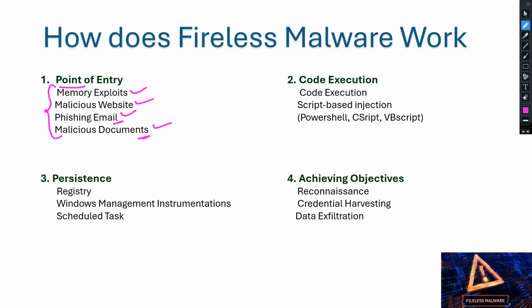Once the point of entry is confirmed, then second is code execution. In code execution, we have for example process hollowing or reflective DLL injection. Okay, these are code executions.